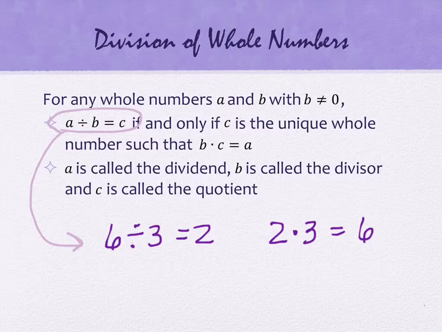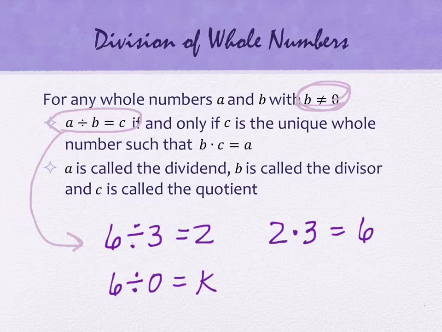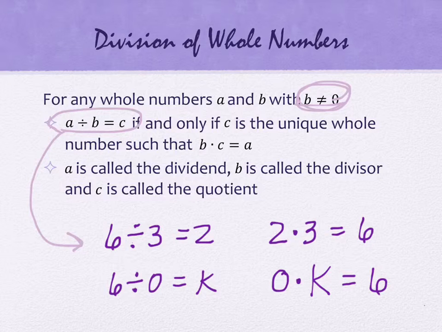Now, there was a condition here. It said that B cannot be 0. Why? Let's see what happens. If I write down 6 divided by 0 equals, we'll just say k, and rewrite it with multiplication, I would get 0 times k is equal to 6, right?